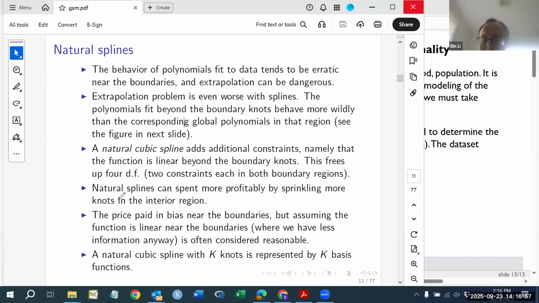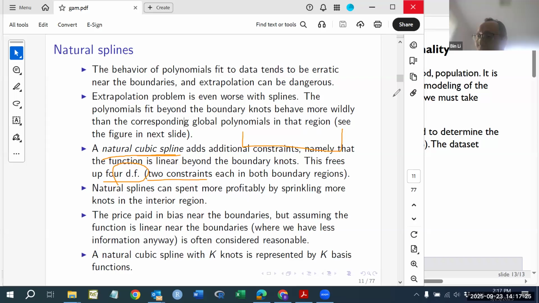By doing that, the natural spline saved some degrees of freedom. How many degrees of freedom do we save? If we use a cubic spline, a natural cubic spline saves 4 degrees of freedom. And you may ask, why do we save 4 degrees of freedom? Because we have 2 constraints. One is the cubic order, one is the quadratic order.